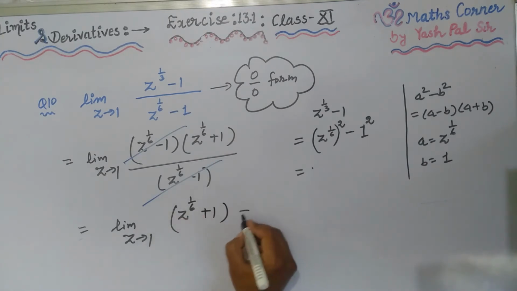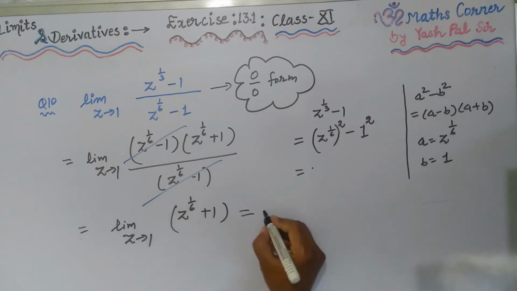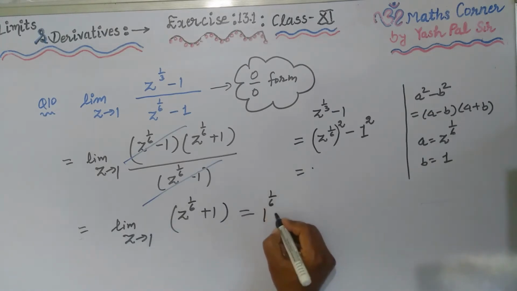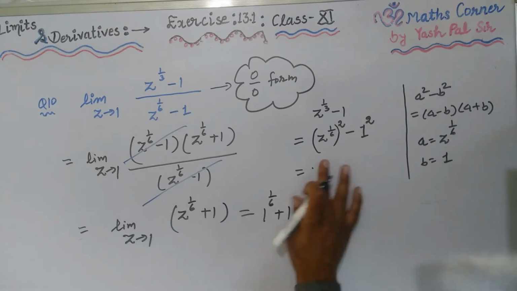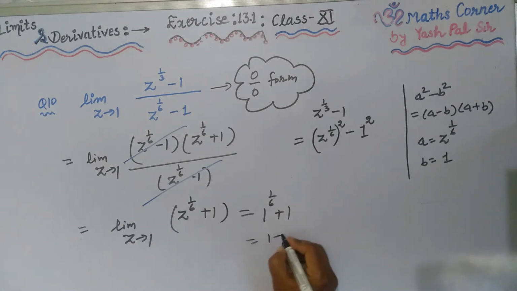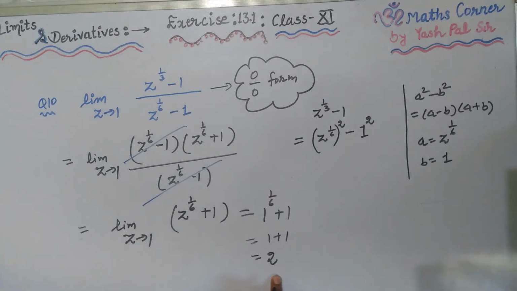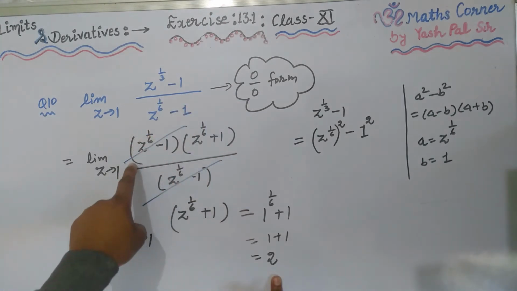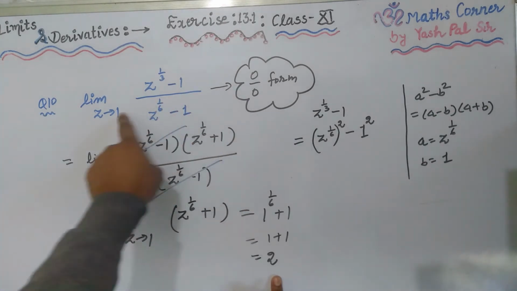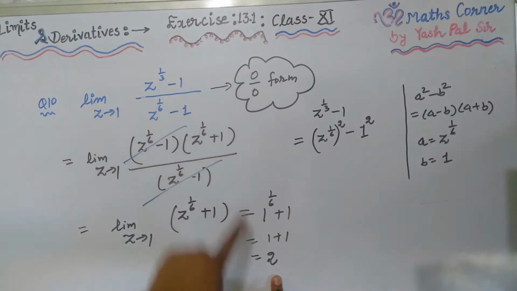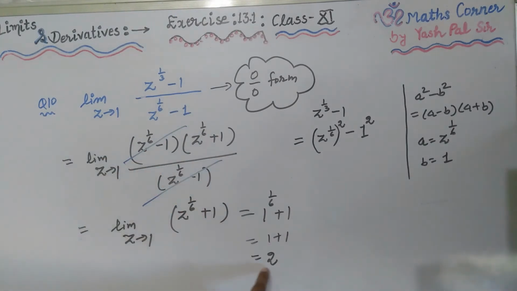Now let us put directly z is equal to 1. So this becomes 1 raised to power 1 upon 6 plus 1. So this is equal to 1 plus 1, which is equal to 2. So this way we can find the limit of the given function. Okay, in the very beginning, if we directly put z is equal to 1, then we cannot find the answer, we cannot reach towards the limit.